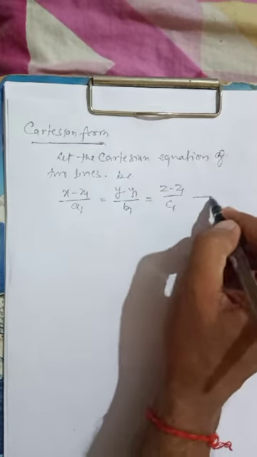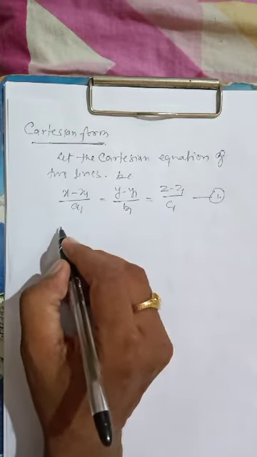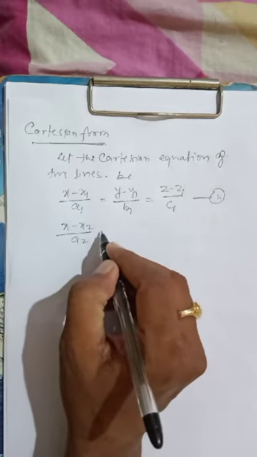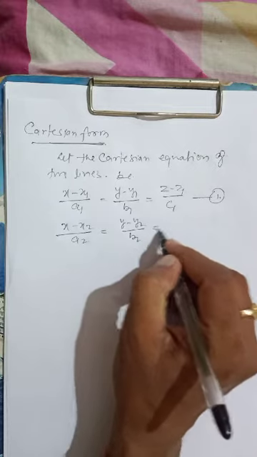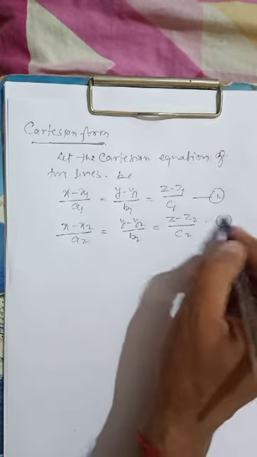This is the first equation or first line. Another one is x minus x2 upon a2 is equal to y minus y2 upon b2 is equal to z minus z2 upon c2. This is the second.